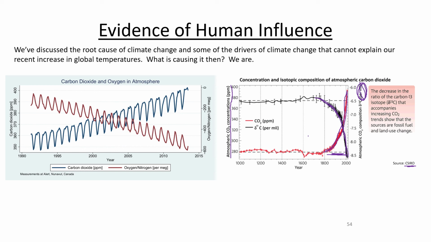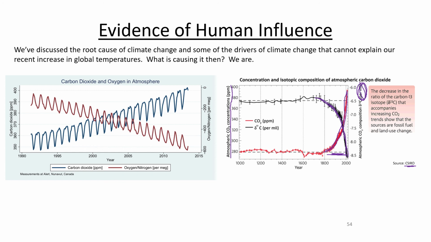But we're spewing a whole bunch of that carbon-12 back into the atmosphere, so the denominator of the ratio between carbon-13 and carbon-12 gets bigger, because that's the carbon-12, and that means the ratio of carbon-13 to carbon-12 gets smaller and smaller and smaller, as this graph shows, okay?